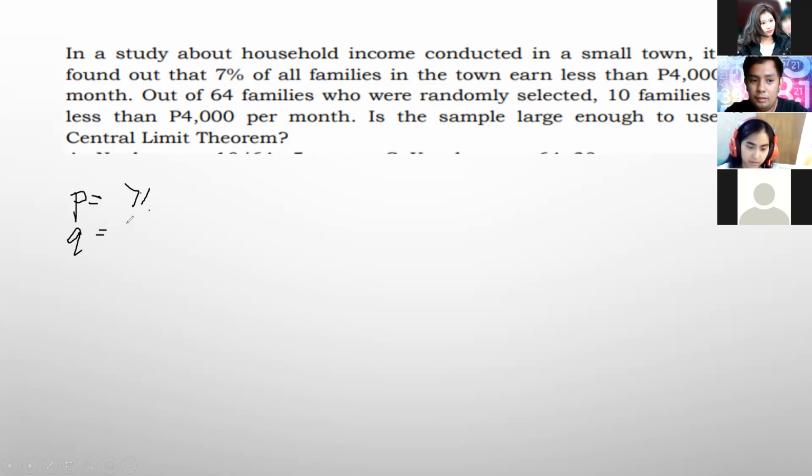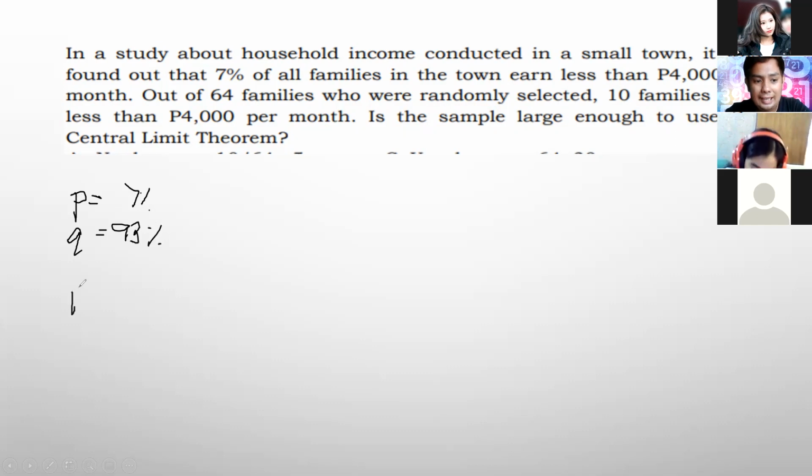No, Q, not P hat. Ang tinatanong pa lang, this is the success rate, which is 7%. Kasi siyang ginamit mo sa sample. Ano yung failure rate natin? 93. That's 93%. Kasi that's the Q.